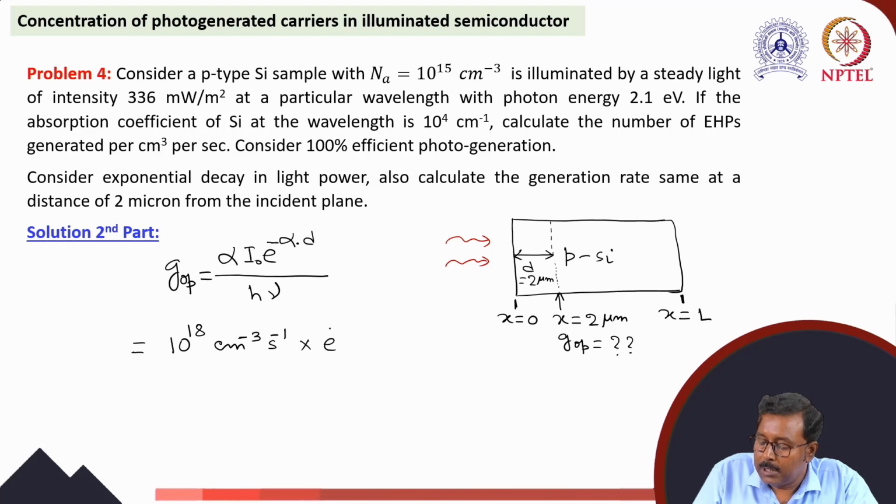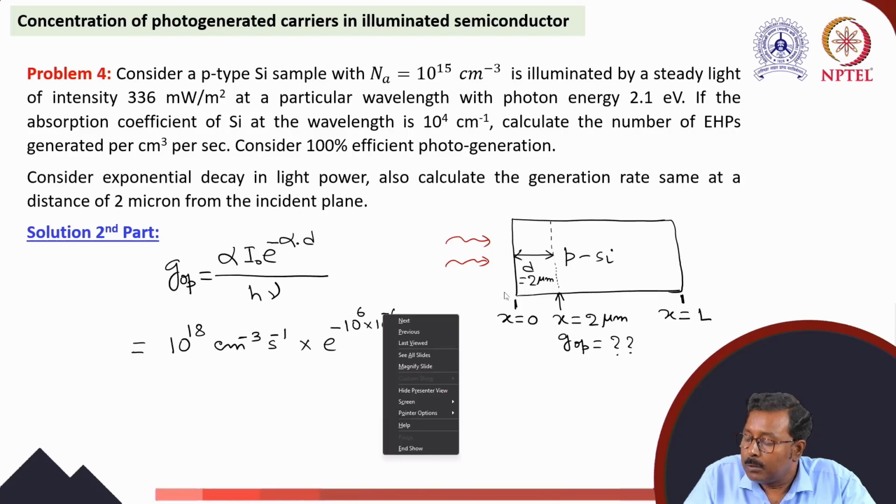Into exponential minus 10 to the power 6 alpha value inverse into 10 to the power minus 6, because 2 micron.